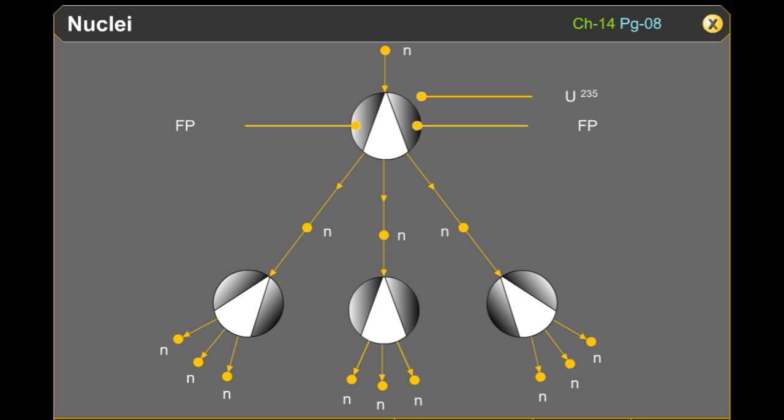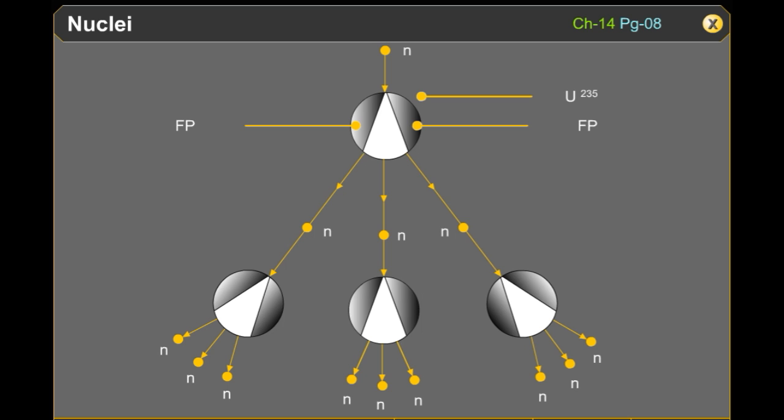Thus, this type of continuous reaction is called a chain reaction. In this chain reaction, a large amount of energy is released in a short time. This process led to the discovery of the atom bomb.